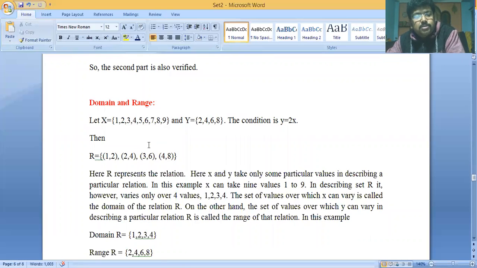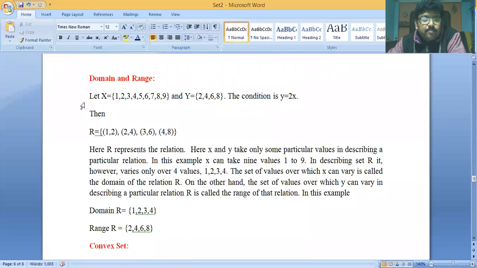Now, domain and range. What is the domain and range? Let X be a set and Y be another set. The condition is Y equals 2X. This is the condition. So, R represents the relation between X and Y. Suppose X is 1, then Y is 2.